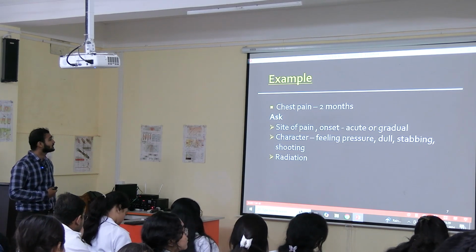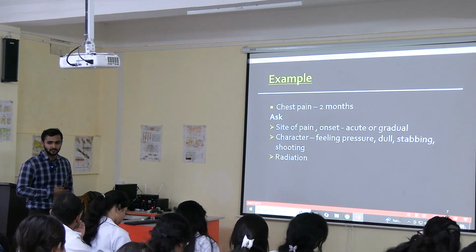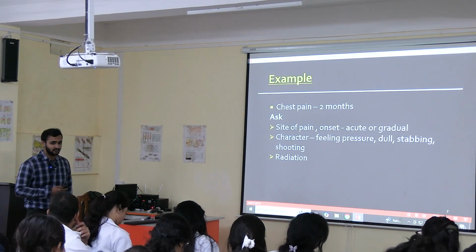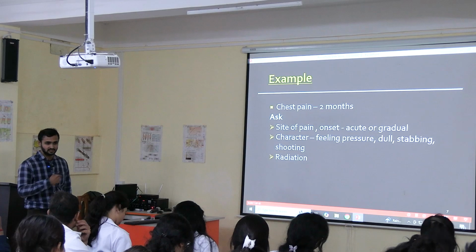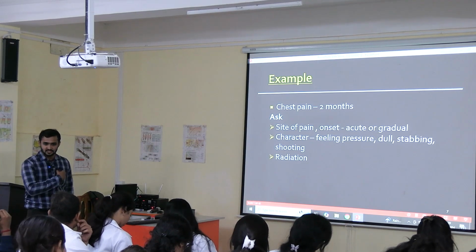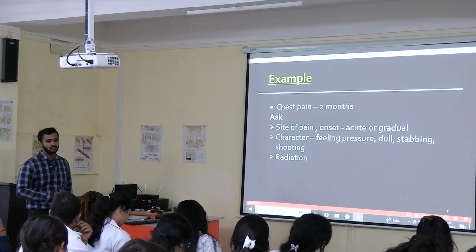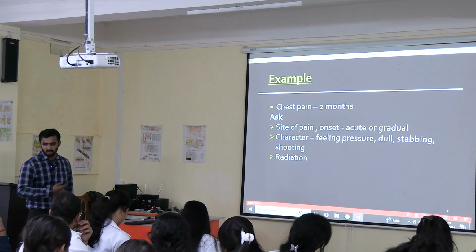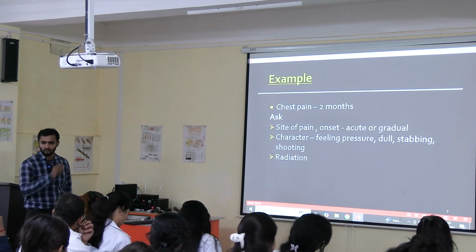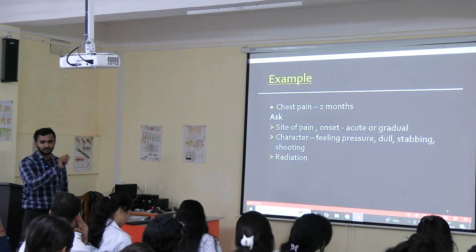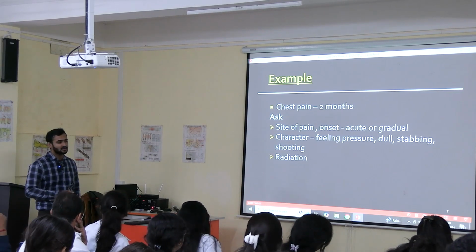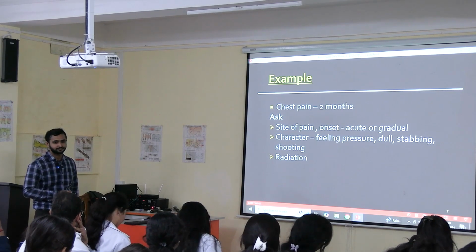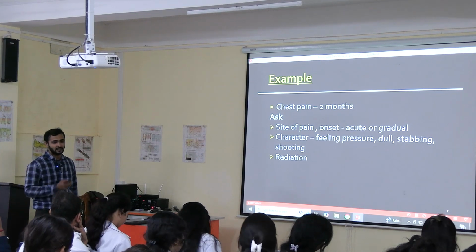S for site: on which location the pain is present, in the chest or abdomen. Then O for onset, from when it started, the date or the month or the time. And then C for character of the pain.